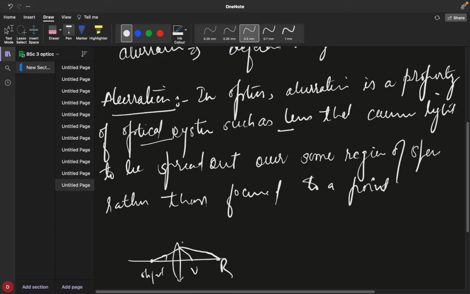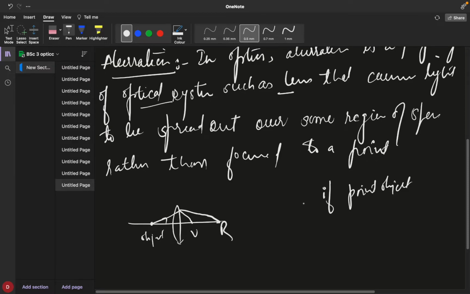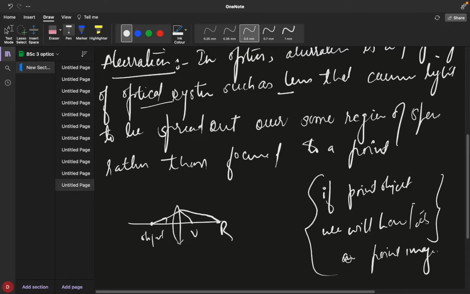Suppose we had a point object. Ideally, we will have its point image. This is an ideal case.